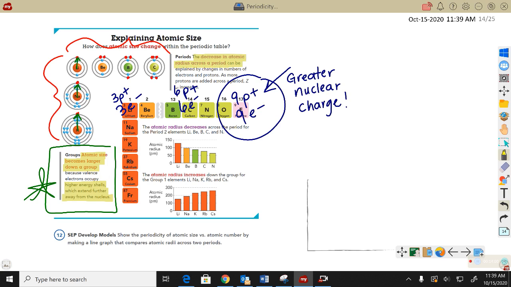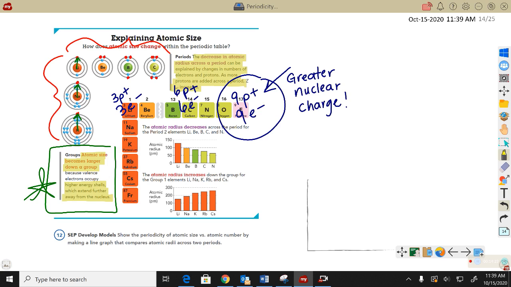It can be explained by changes in the numbers of protons and electrons. As you add more protons going across a period, that Z effective increases. Z effective is the nuclear charge, the effective nuclear charge.